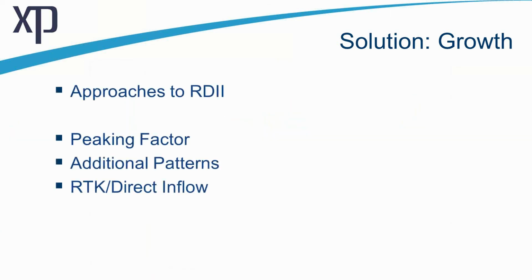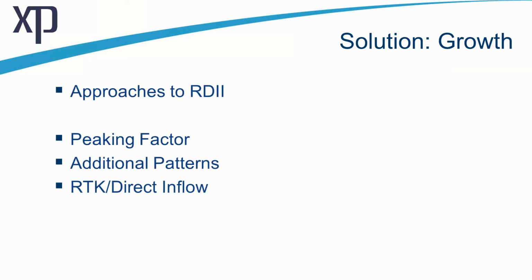I can think of basically 3 main ways that a user of a model could estimate wet weather flows or rainfall-derived inflow and infiltration. And I'll go in order from simplest to most detailed. The first is the simplest of all, which is basically a simple peaking factor.